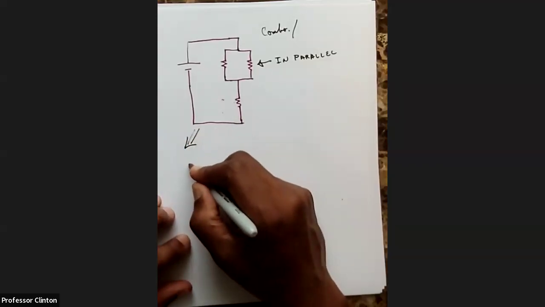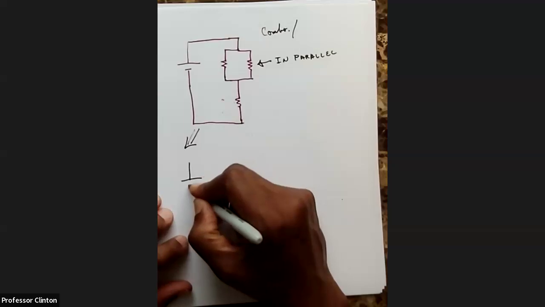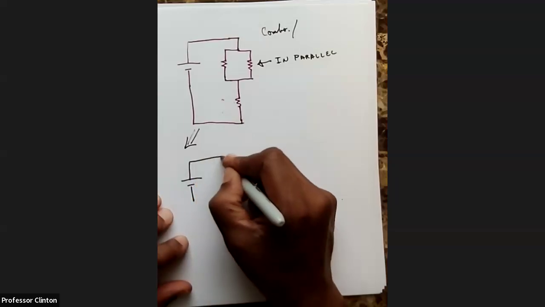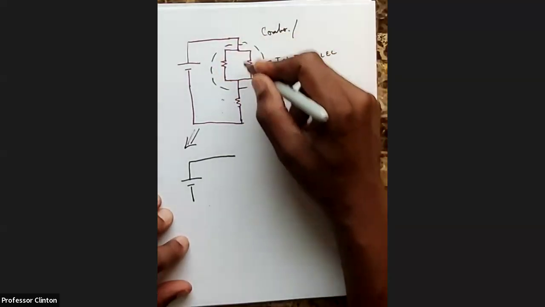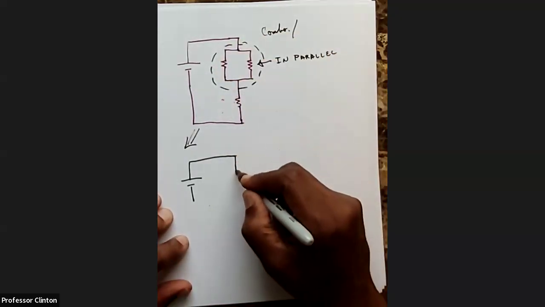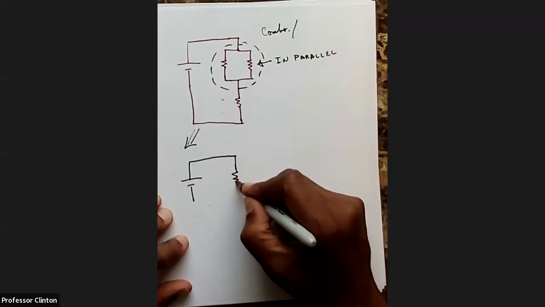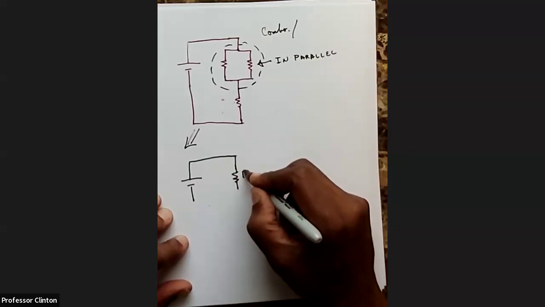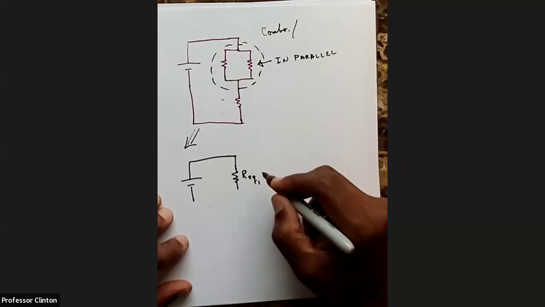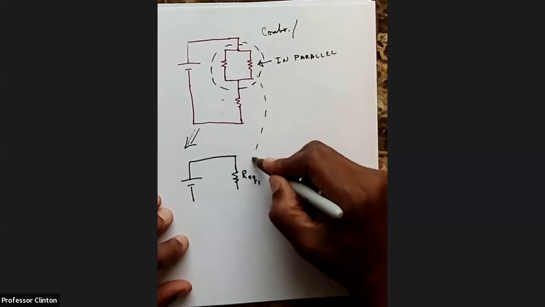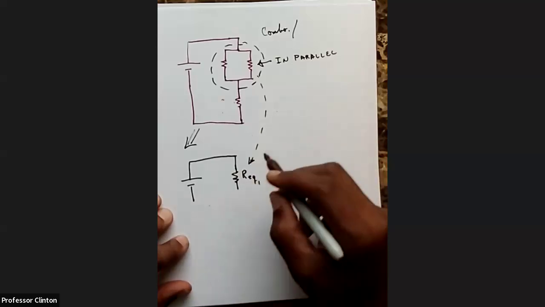I won't solve it per se. So what you're going to do is combine these two into their own equivalent resistor. Maybe we call that R equivalent 1. That comes by way of combining those two.